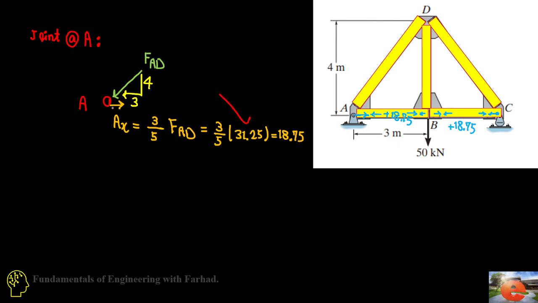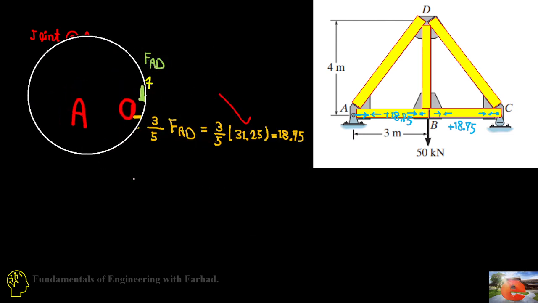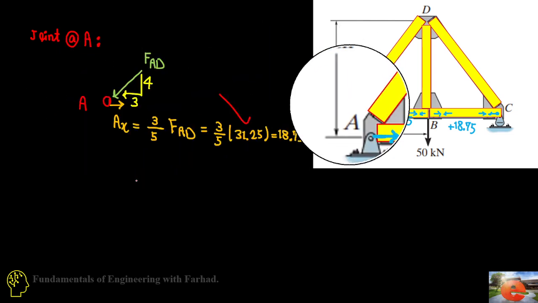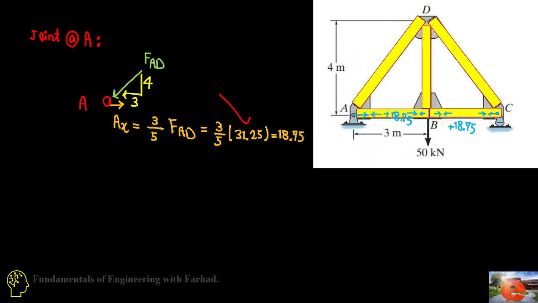And due to the direction of AX, you can easily see it just pulls the joint, so it is a tensile force. By symmetry, that's also a positive tensile force, 18.75.